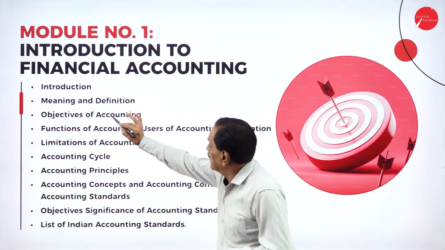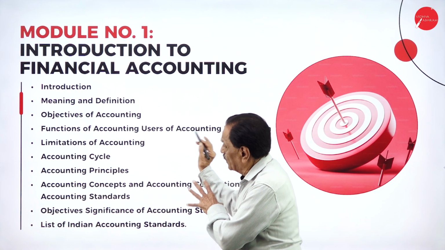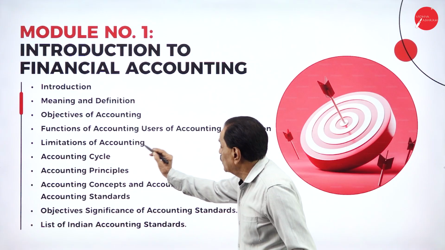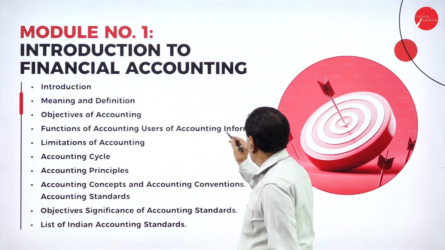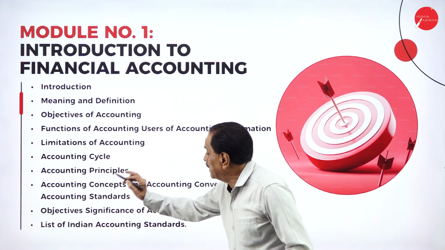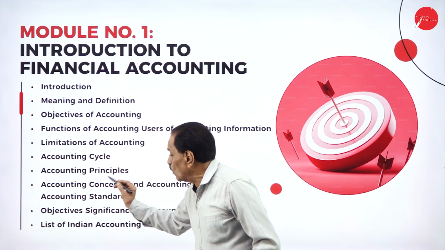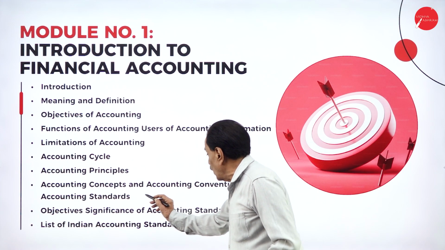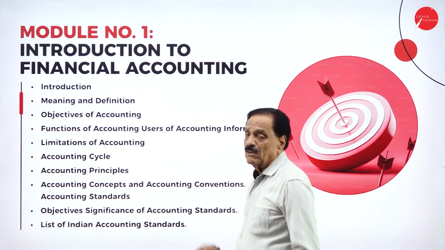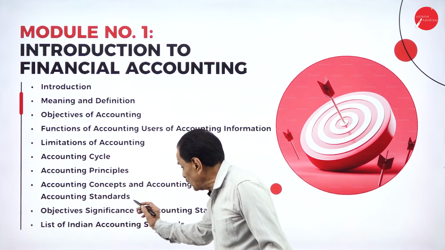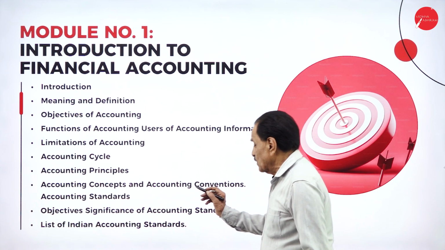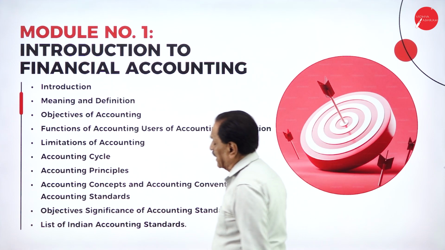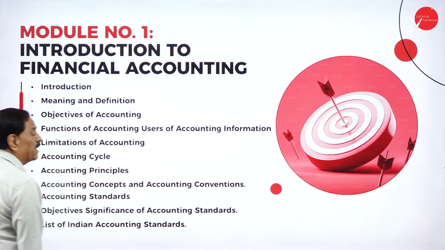Meaning and definition of accounting, objectives of accounting, functions of accounting, uses of accounting information, limitation of accounting, accounting cycle, accounting principles, accounting concepts and accounting convention, which is most important, accounting standards, objective, significance of accounting standards, list of Indian accounting standards. This is your unit number 1, a lengthy one.